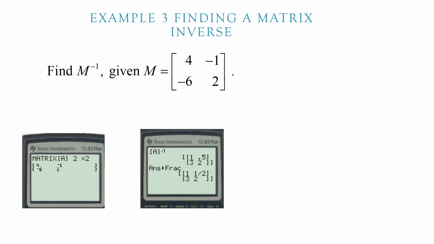If it is in decimals and you want it as a fraction, you can convert using Math, Fraction. You get the answer [1/2 3; 2] as shown. So that is the inverse of [4 -1; -6 2]. Therefore, M inverse is as shown.